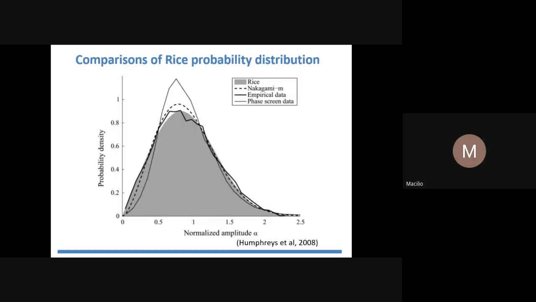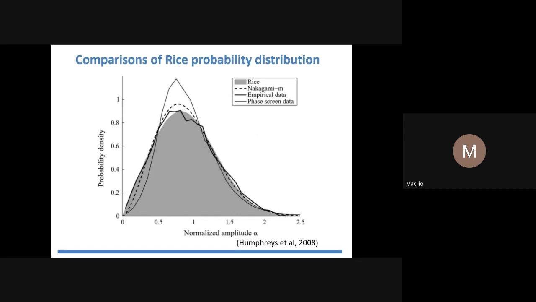Here we have a comparison between the Rice distribution we have presented and, for example, the Nakagami-m distribution. This solid black line is empirical data. You see, it agrees very well.